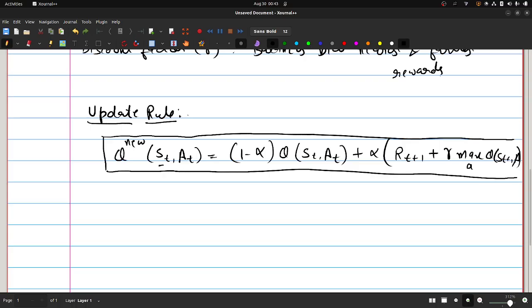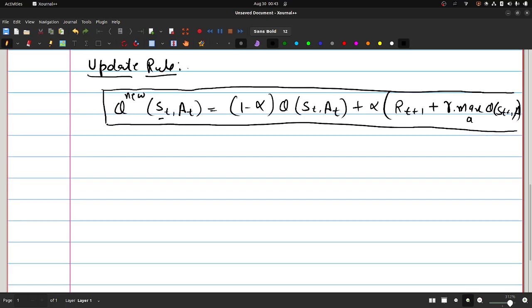It is equal to (1 minus alpha) times the quality of the state S given action A_t, plus alpha times the reward that you will get after taking some action, plus gamma times the value of the action A which will give you the maximum value of Q for the next state, right? So this is the formula, or the update rule, for Q-learning.